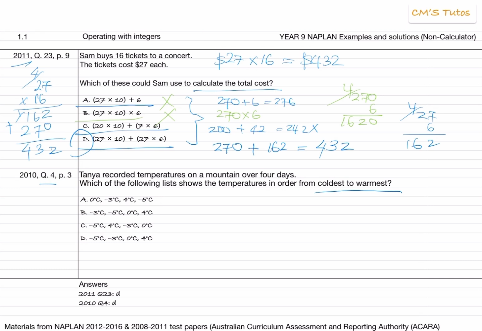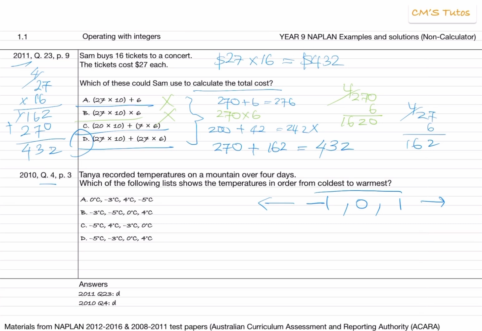From the coldest to the warmest. So the coldest are always the minus numbers, and 0, and then follows 1 and above. So what number follows our thinking?